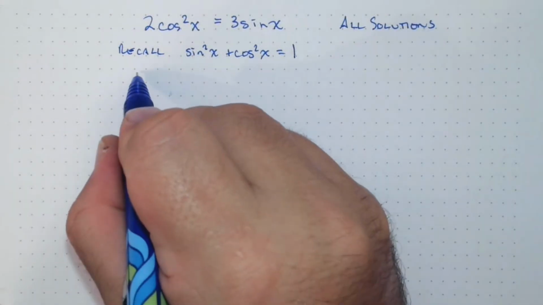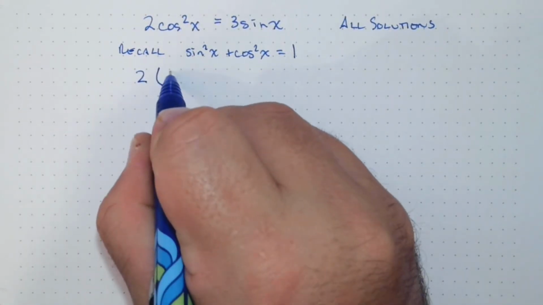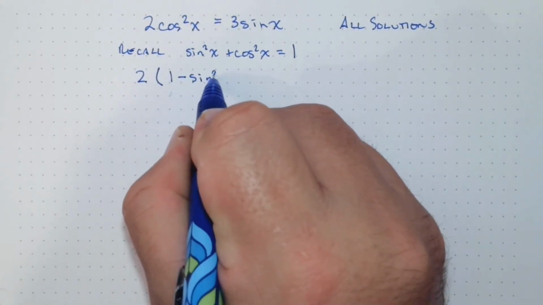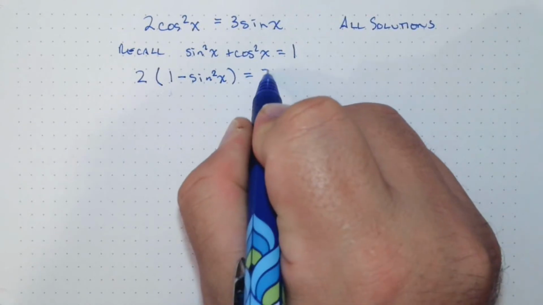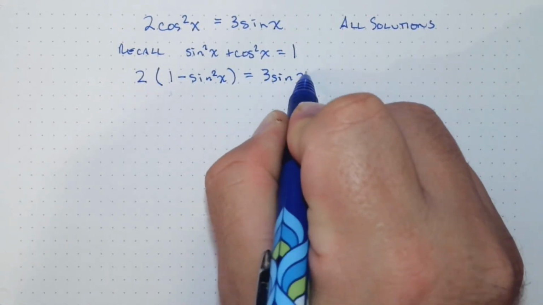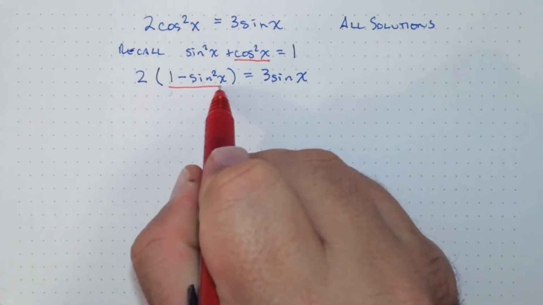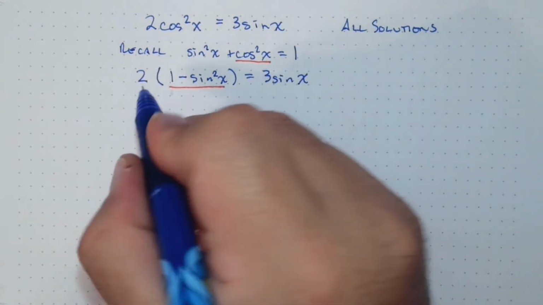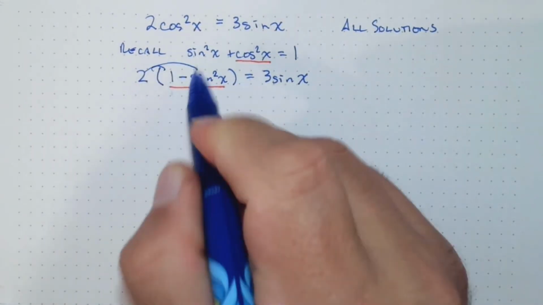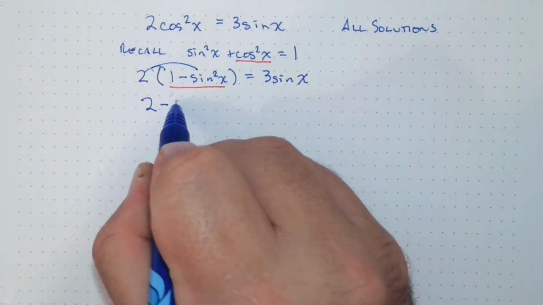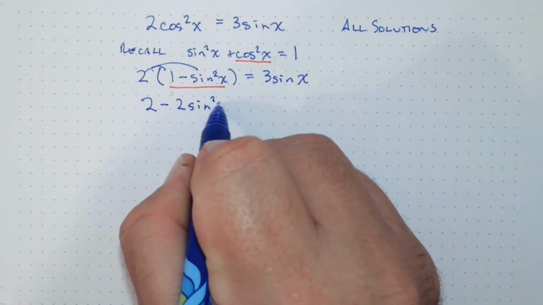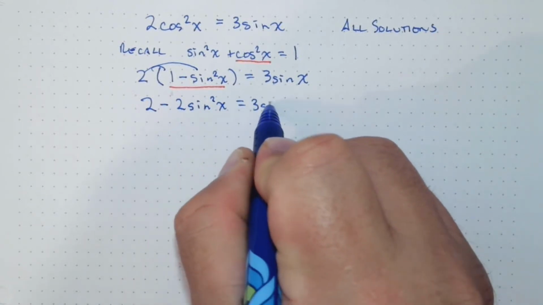So that means that 2 times 1 minus sine squared of x must be equal to 3 sine of x, just using the substitution where I replace cosine squared of x with 1 minus sine squared of x. Distributive property: 2 minus 2 sine squared of x equals 3 sine of x.